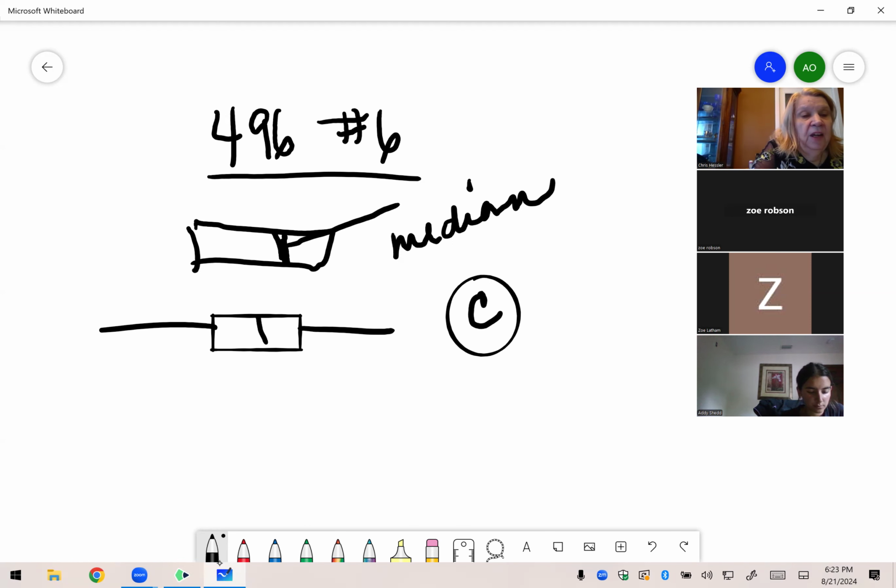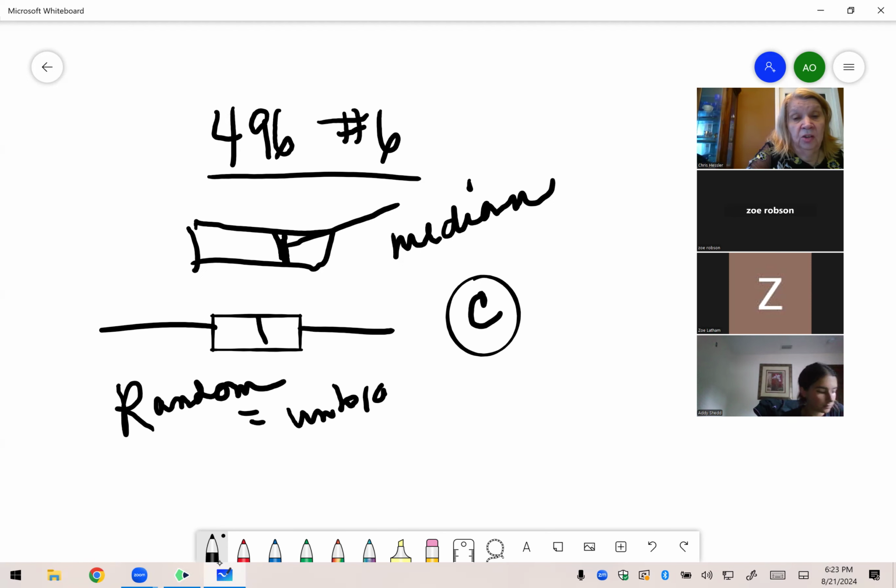Also, if they say random, that means unbiased. Some of your teachers might have random seating arrangements.